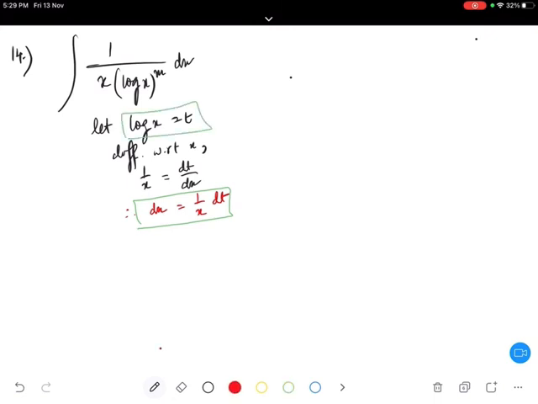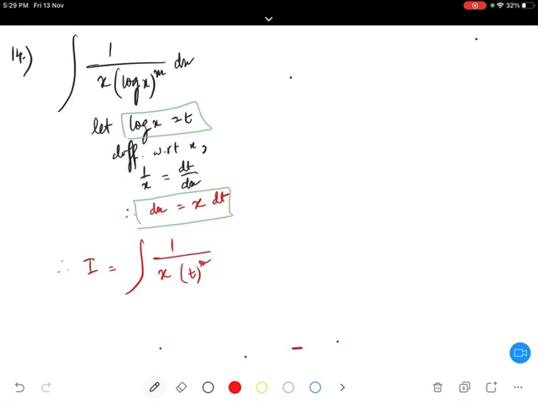So therefore, I is equal to integration of 1 divided by x, t to the power m, and in place of dx I will write. Just because of that sound I was making a mistake. This x goes up. How can it go down? It will be x dt.